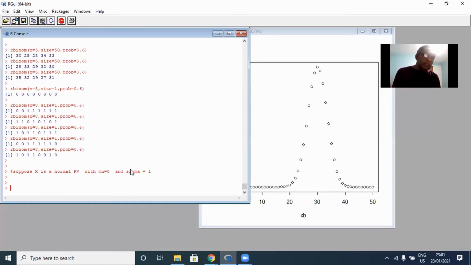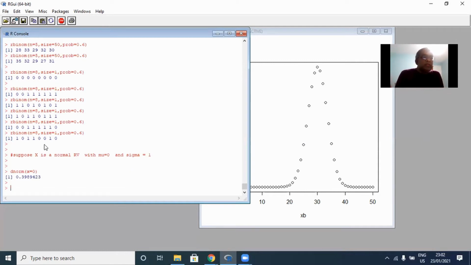Then you can use the command dnorm. dnorm will compute the density of the normal distribution. So that is the density of the normal at x equal to 0.